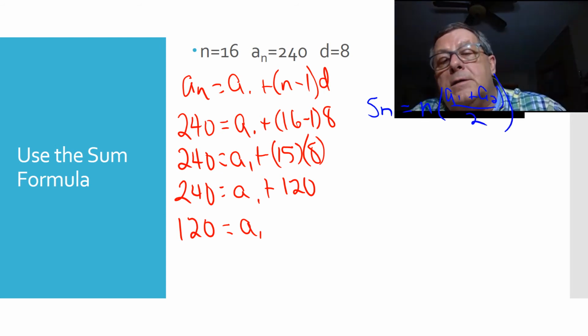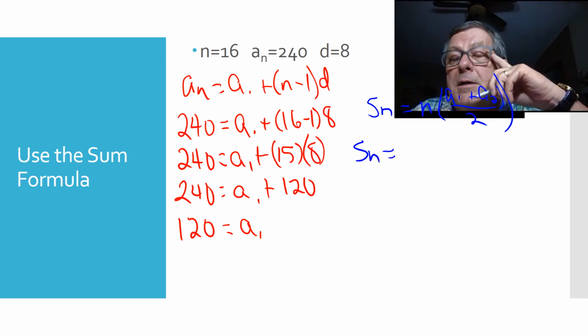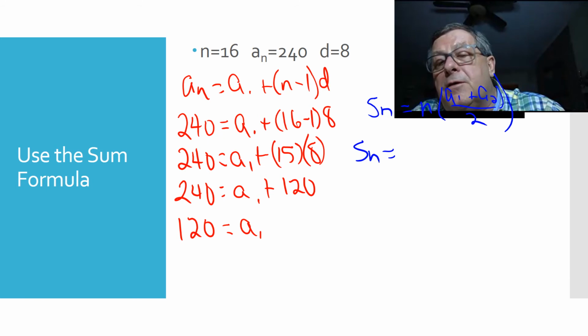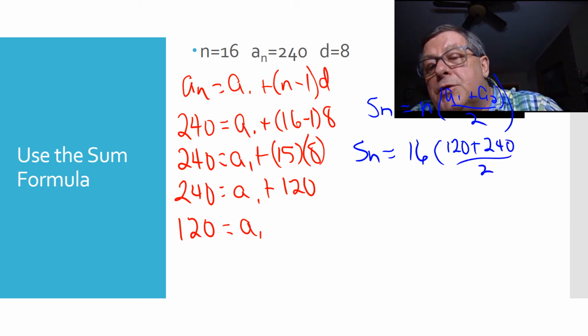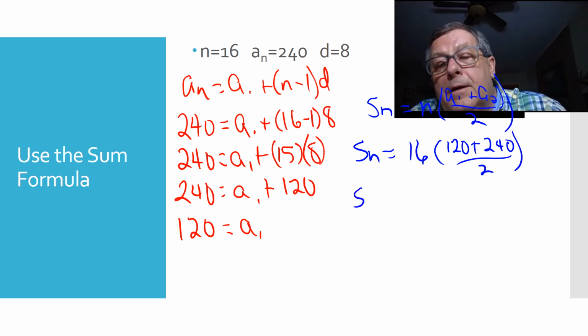All right, so here we're solving for Sn, the sum of the arithmetic series. And n is 16 times a1, which is 120, plus an, which is 240. All of that's over 2.